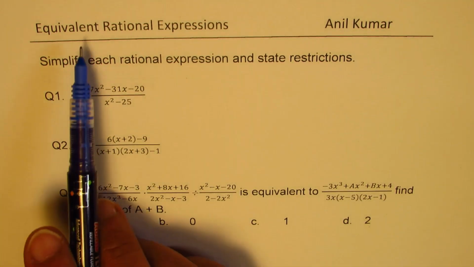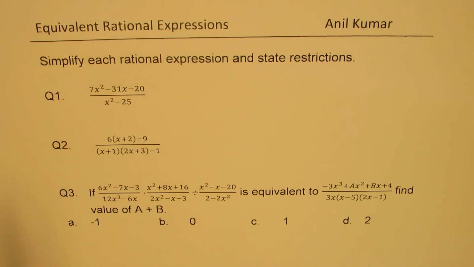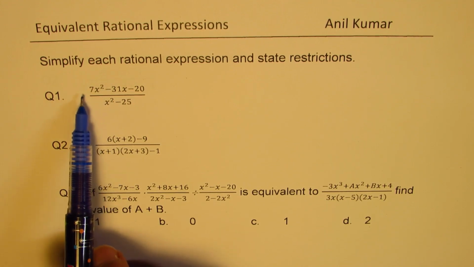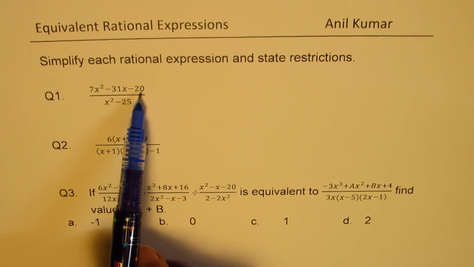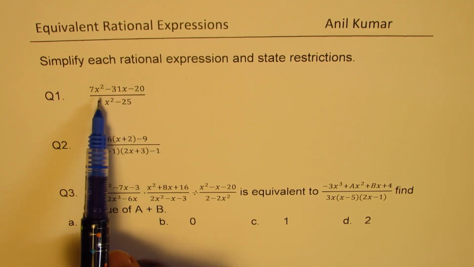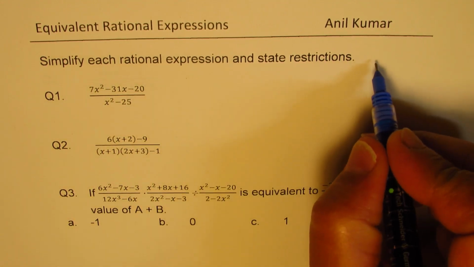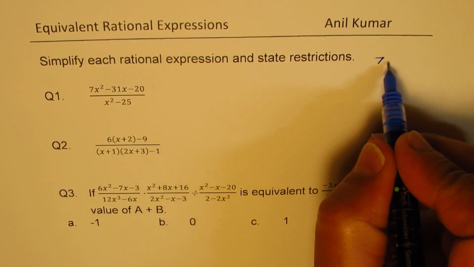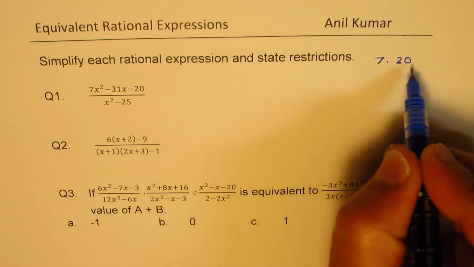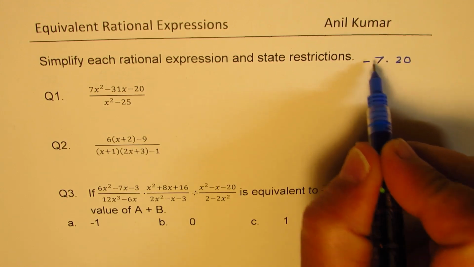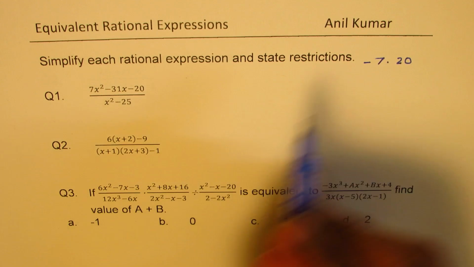to find equivalent rational expressions, correct? So in the numerator, we have 7x squared minus 31x minus 20. To factor, we need product and sum. So my strategy is we need product of 7 with 20, right? So with the negative sign, so it's minus 20, right?